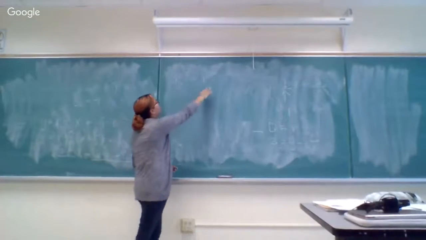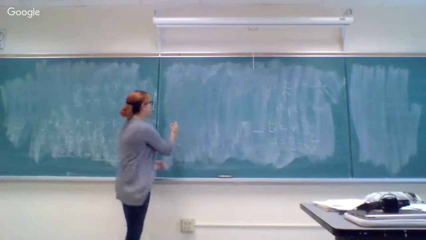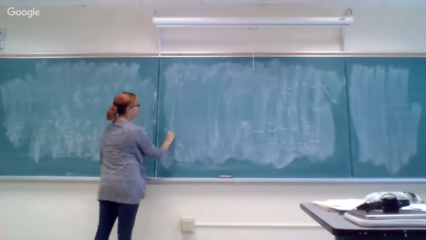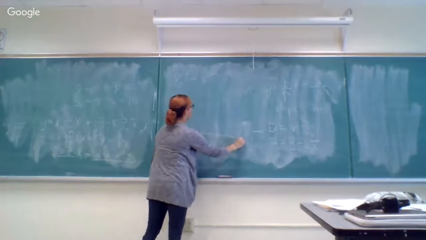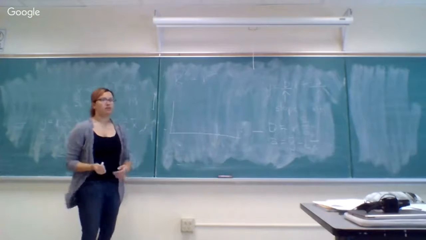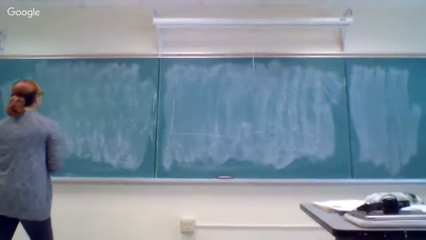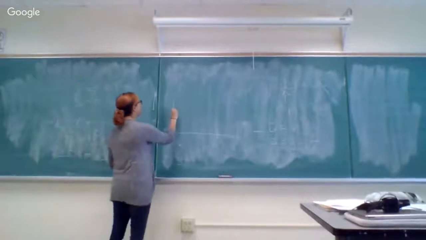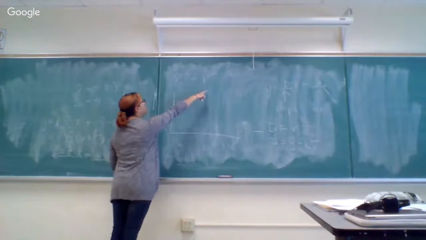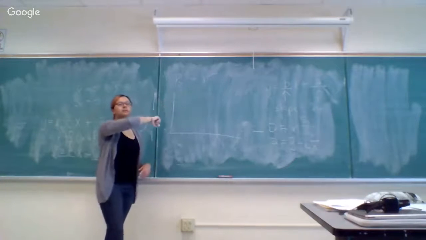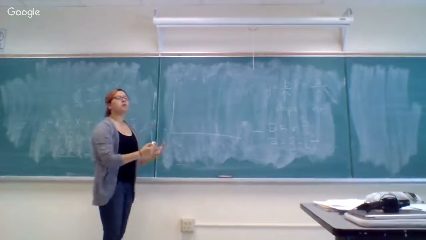So let's think about this a little bit. If our correlation is 1, right? Trying to base it off the slope. So if our correlation is 1, our R² is also 1.